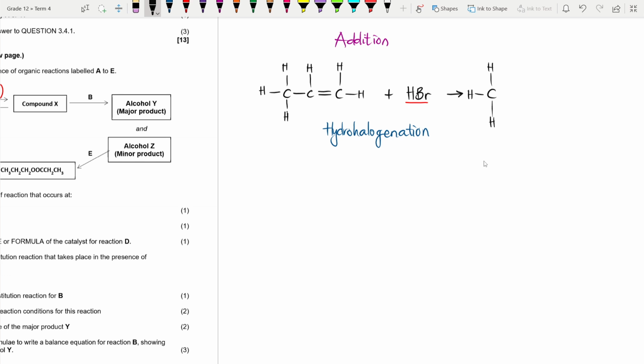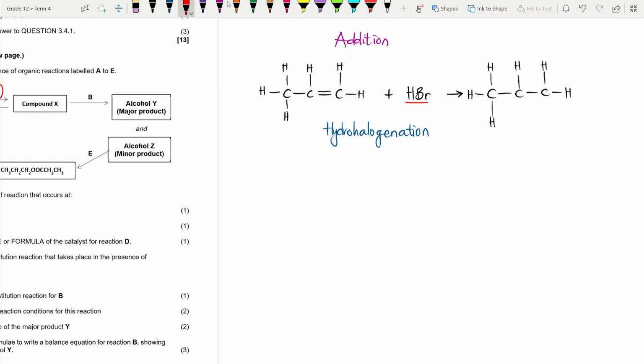The double bond will go away, and we have a rule for adding as well. It's called Markovnikov's rule. I'm not sure if you remember that one. No. Okay, the rule is basically simple.